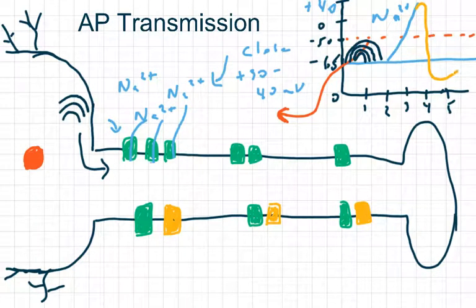And when it repolarizes, it tends to go more negative than it needs to for its resting membrane potential at roughly negative 65 millivolts. And this is the result of potassium leaving the neuron. And this is done through a couple of different ways. First, potassium will leave through these leak-gated channels, which are always open.